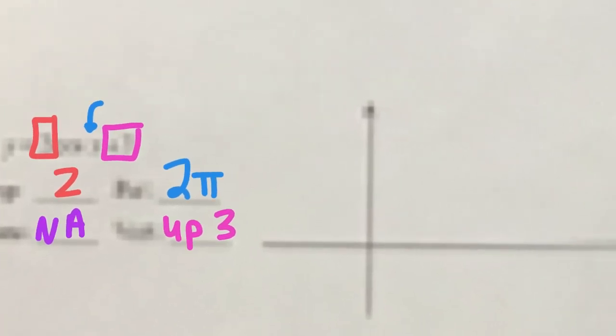So the first thing we're going to do is come up 3 units and put in your midline, your horizontal midline. So 1, 2, 3. And then you put a horizontally dashed line as parallel as you possibly can to the x-axis.